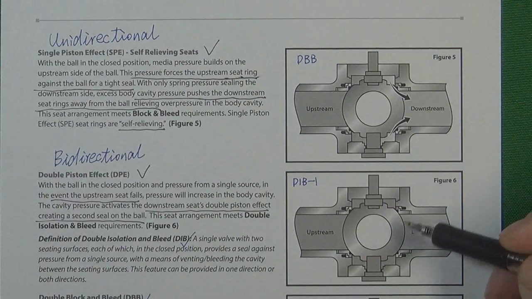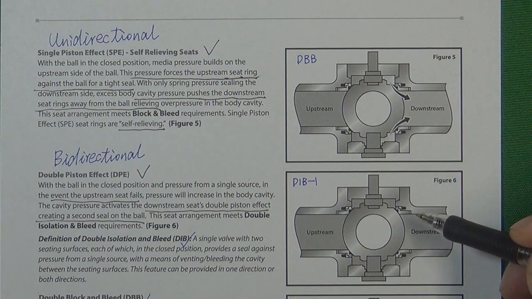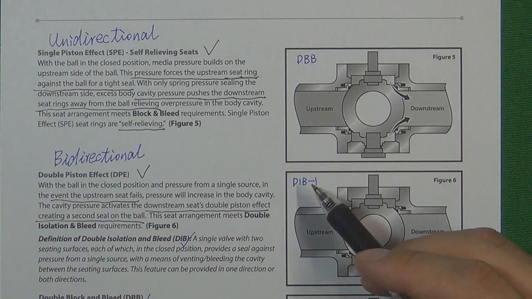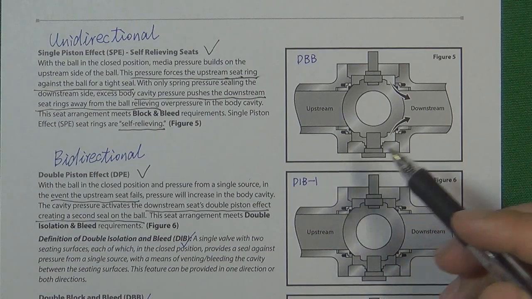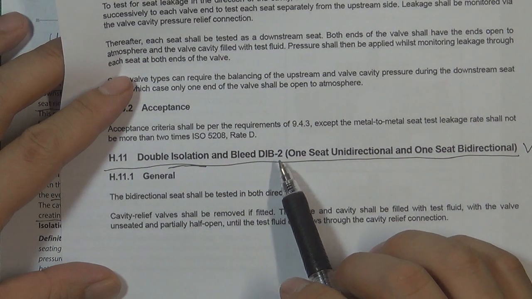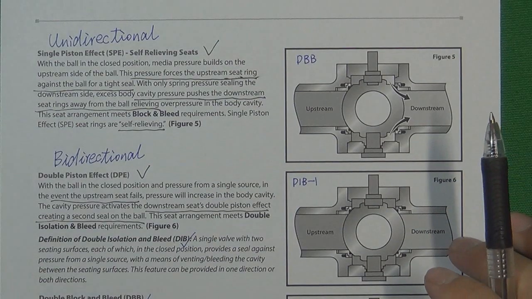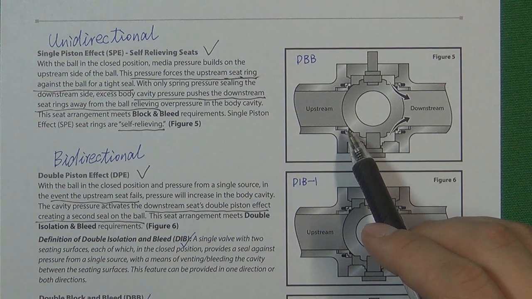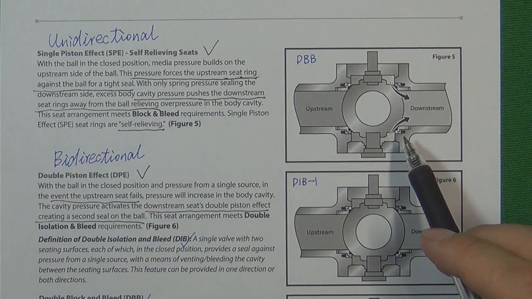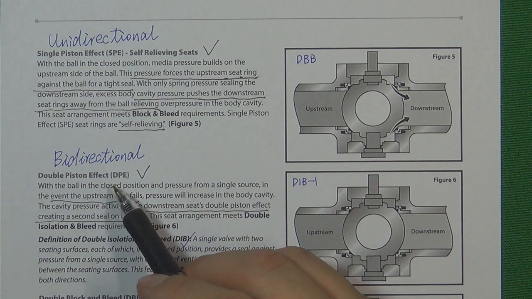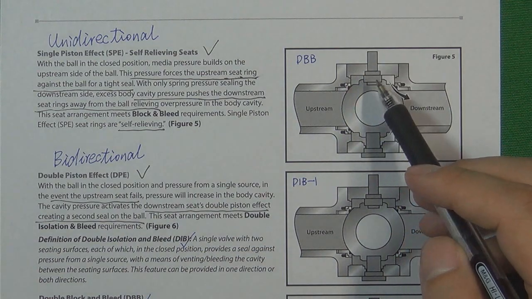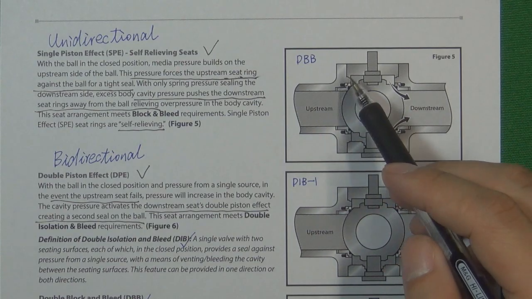So we want to combine the two kinds of design together to get a new type, which is called DIB type 2. That is where DIB type 2 comes from. So let's see what will happen. For example, if we design the valve with an SPE valve seat upstream and a DPE valve seat downstream, then if the cavity has pressure, the cavity will push the upstream valve seat back.